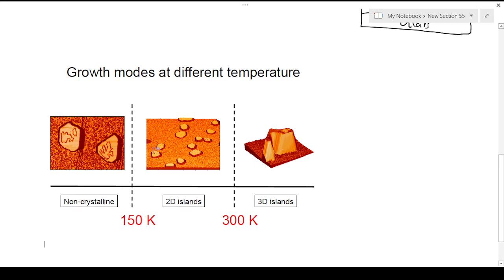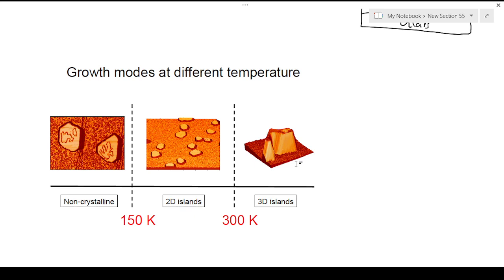As the temperature rises above 150 Kelvin, you can see 2D islands. In certain regions the atoms are clustering, and we call these depositions film depositions at different islands, in some regions of the substrate. And when you go above 300 Kelvin, you see clear 3D island formation.